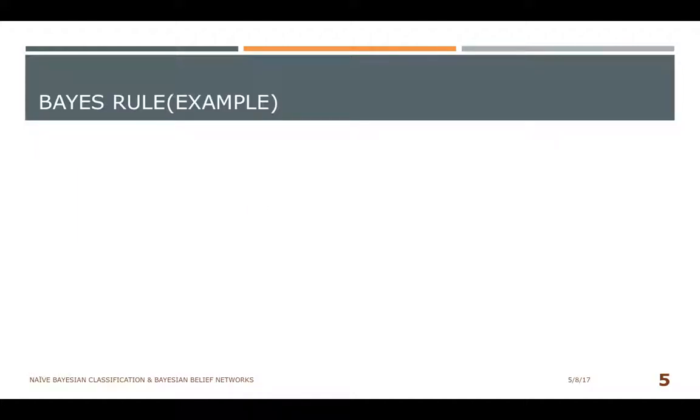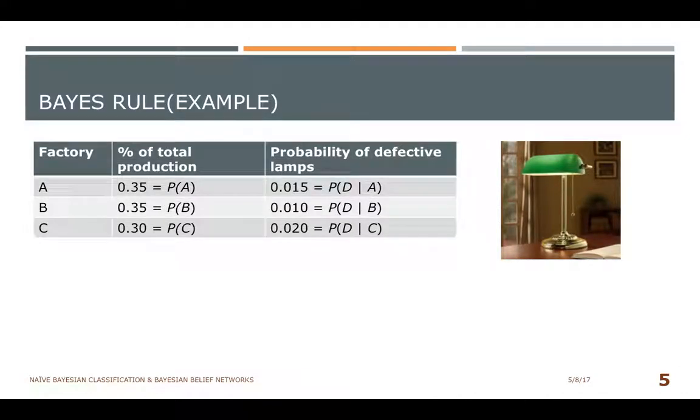Now we will see an example of the Bayes rule. Let us consider lamp producing factories. There are three factories A, B, C. The total production of A is 0.35 of the whole production, the production of B is 0.35, and the production of C is 0.30.